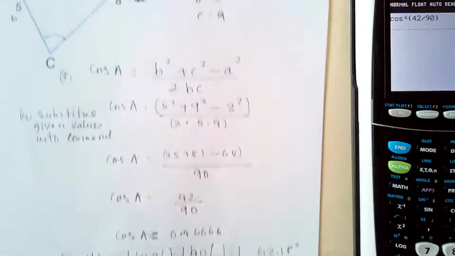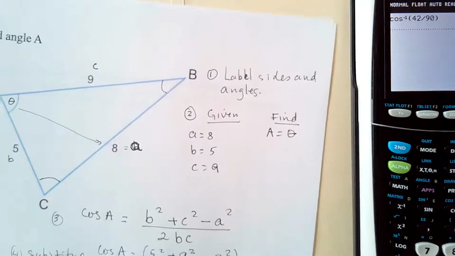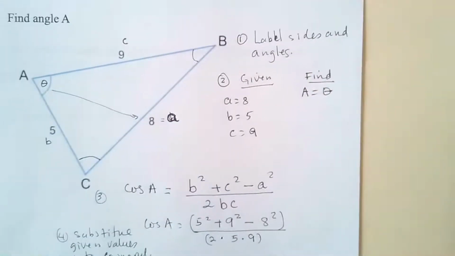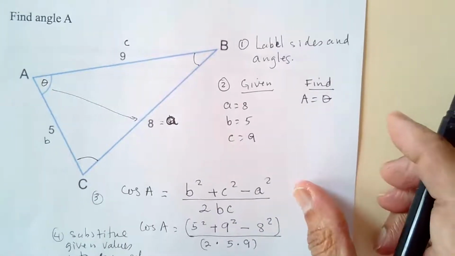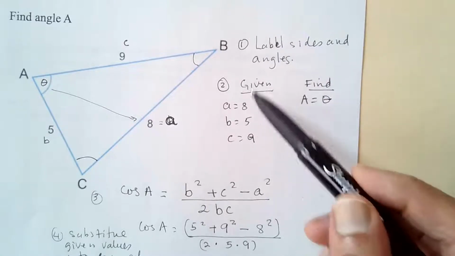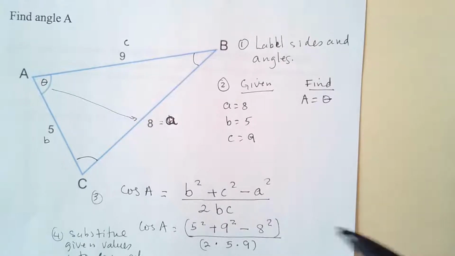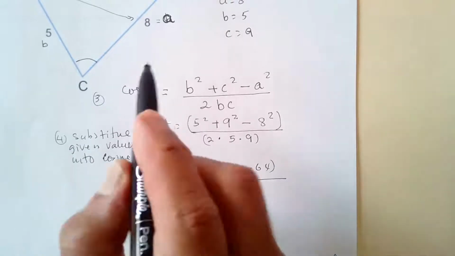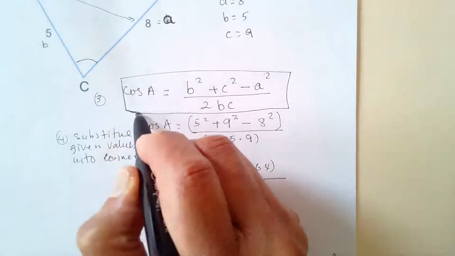So let's recap. We have to find angle A. Step 1, we label all sides and angles. Step 2, we record what's given and what needs to be found. Step 3, we record our cosine rule for finding an unknown angle.